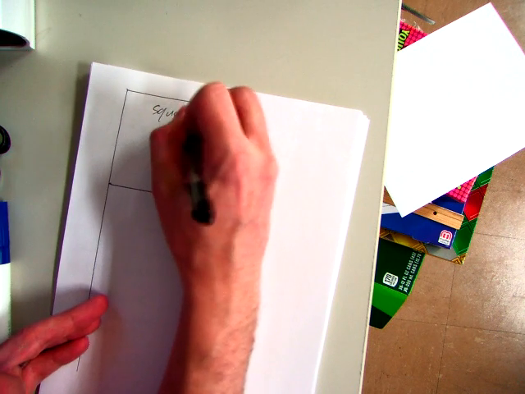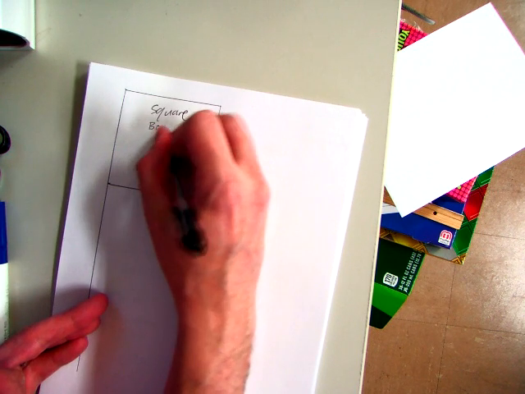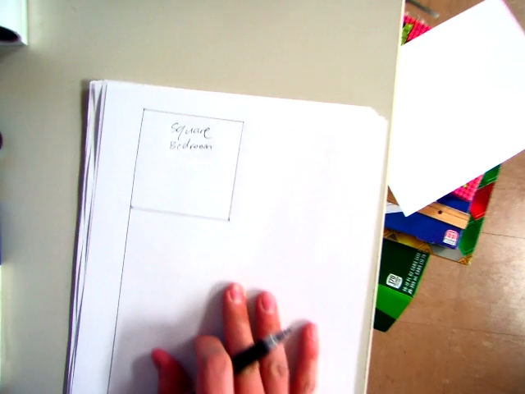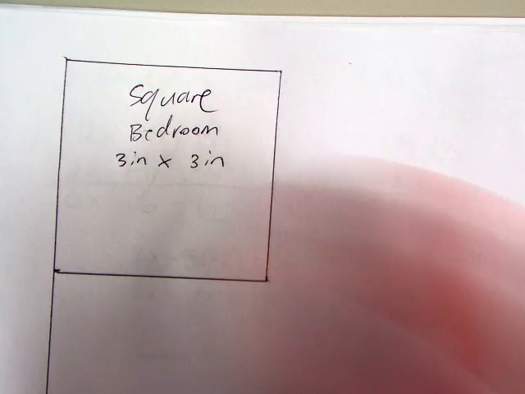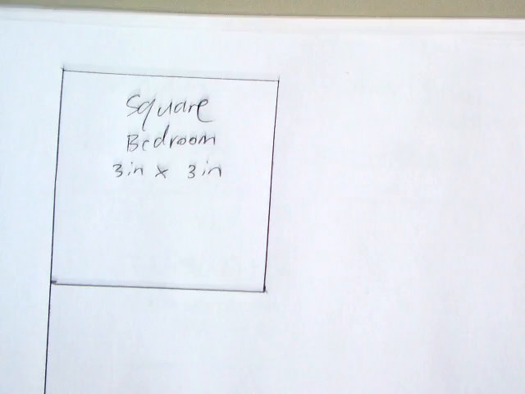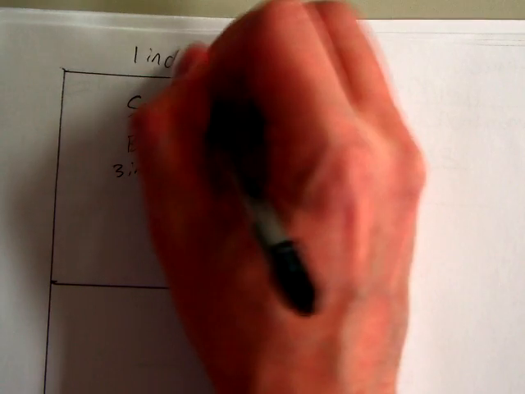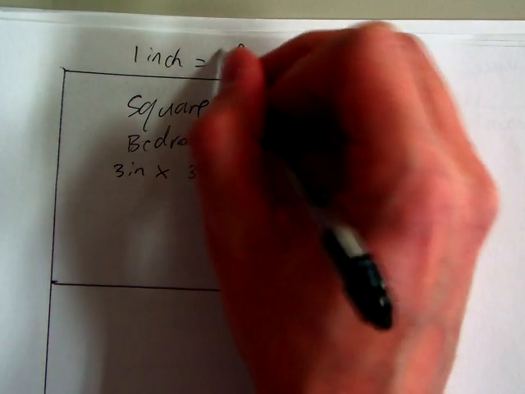So we label the shape, we'll call it a bedroom. And the dimensions are 3 inches by 3 inches. If we're going to use as a scale, let's say that 1 inch is equal to 5 feet.